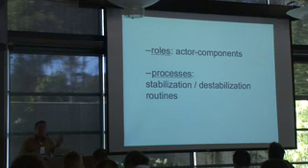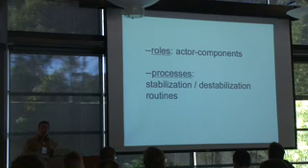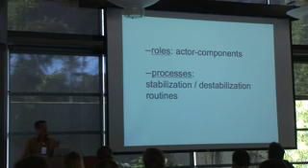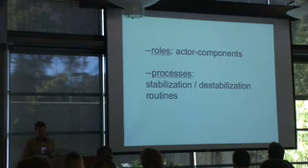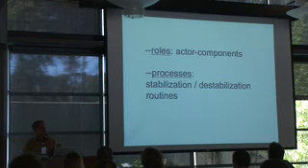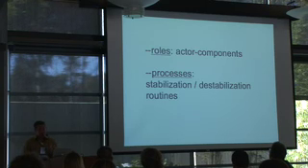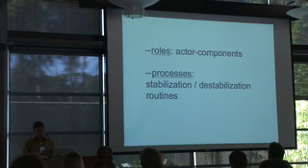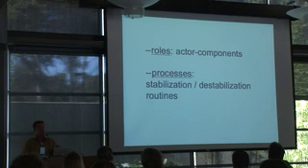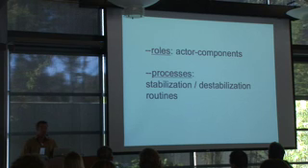One is taking an analytical approach and understanding the assemblage in terms of its roles, its actor components. The other is taking a synthetic approach, understanding the assemblage in terms of its recurrent processes. And I refer to these as stabilization and destabilization routines.